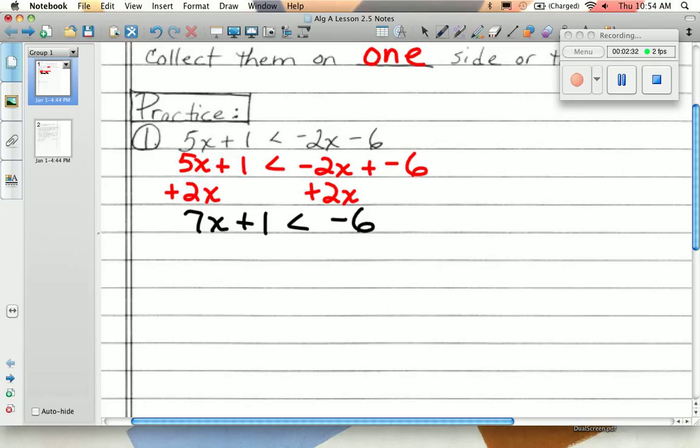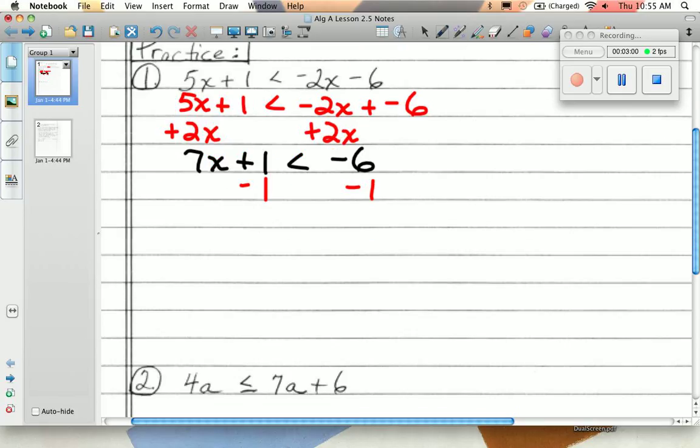Now, we don't have any fractions involved in this at all. We don't have any parentheses. So what did we say we're going to undo first when we don't have that situation? Yeah, we undo the adding or subtracting next. So what's going to be our move here? Minus 1. Yeah, we look on the side where the x's are now, and we need to get rid of that 1. So we'll subtract it.